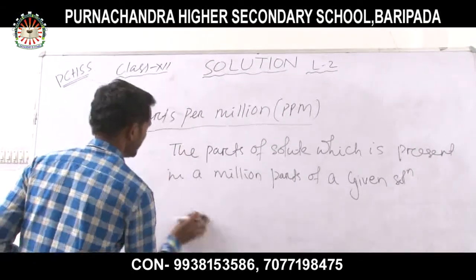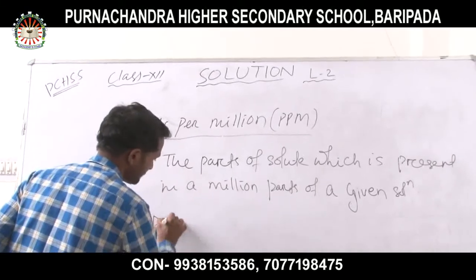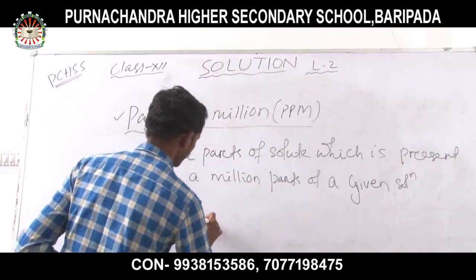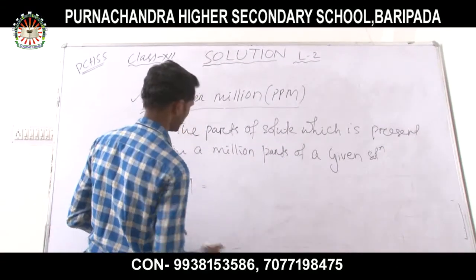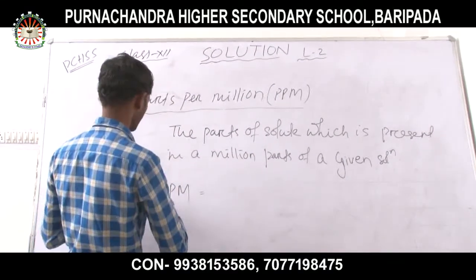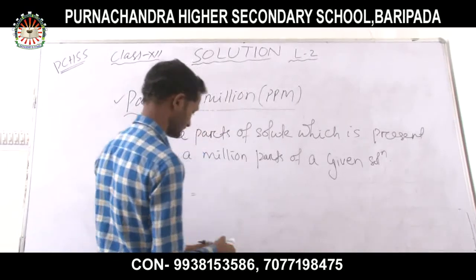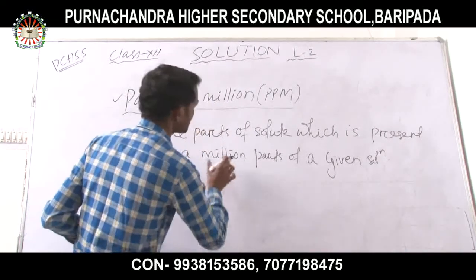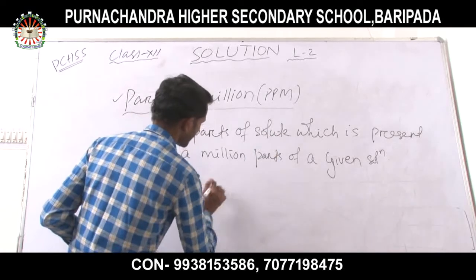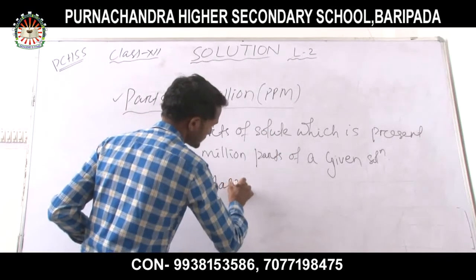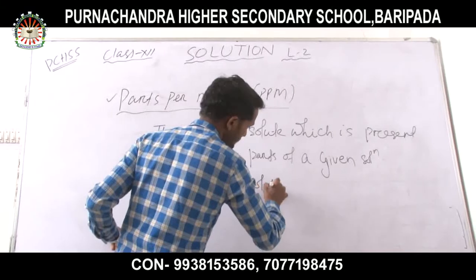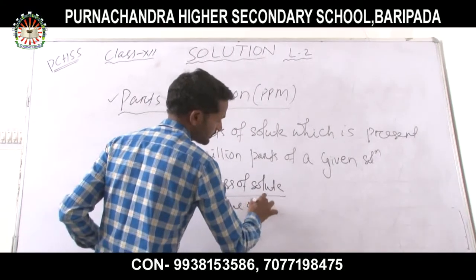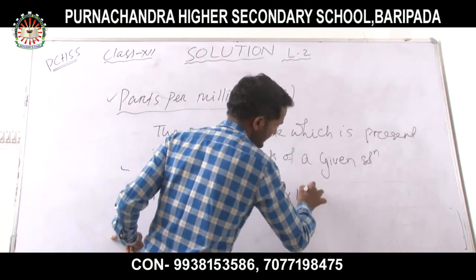So mathematically it can be expressed as ppm equal to the mass of solute divided by the volume of solution, into 10 to the power 6.